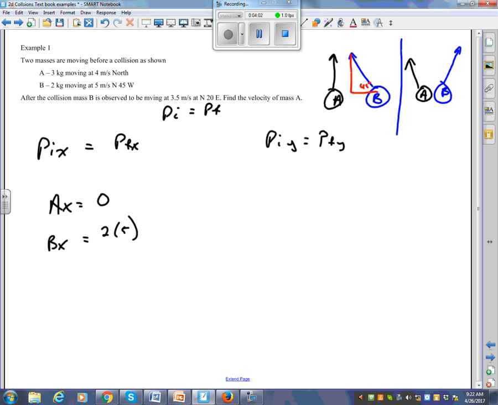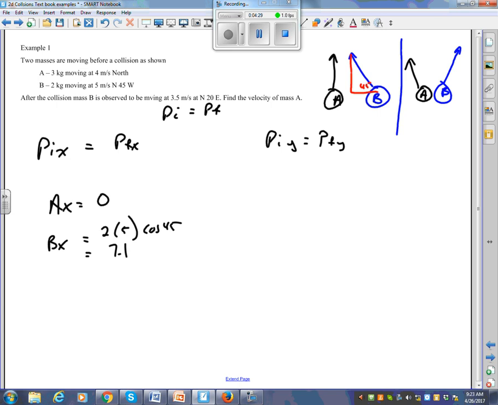That's the momentum. And then we find the x component of that, so that's 2 times 5 times cos 45. And I am without calculator. .1, we'll say.